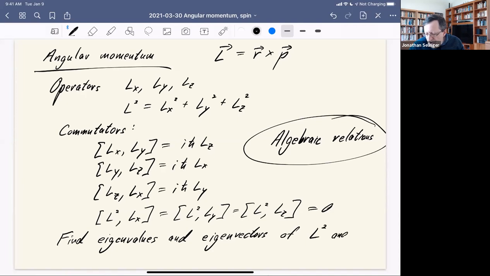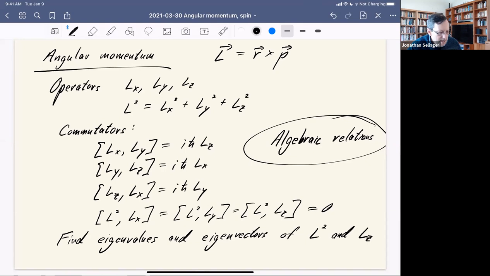We can choose one of the components, but we can only choose one out of 3. We can't get all 3 of them simultaneously. What everybody chooses is Lz. So we want to find the eigenvalues and eigenvectors of those things.